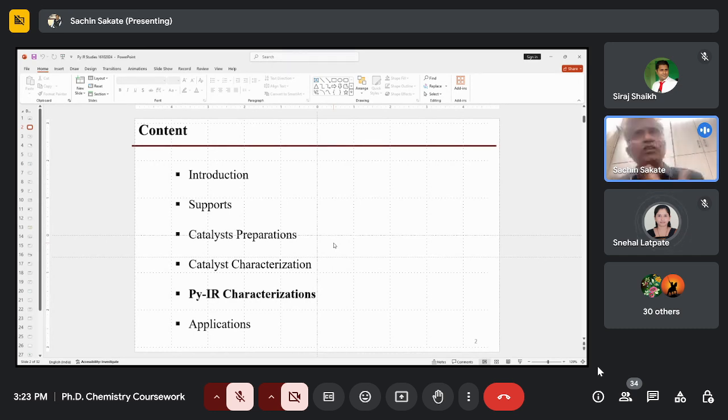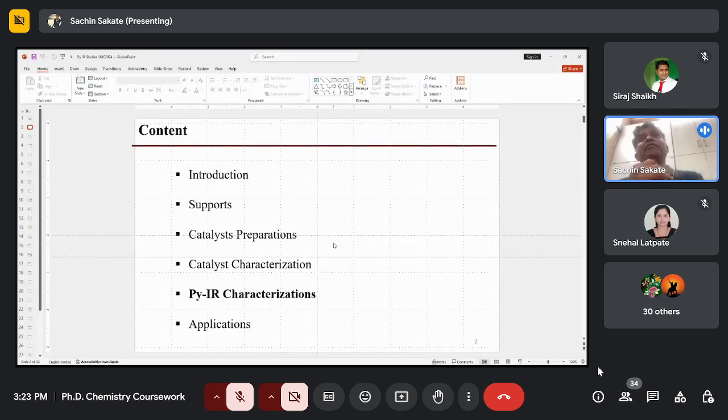The content of my lecture today will be: introduction, the various supports which we came across during the PhD work. Then we will discuss the catalyst preparations, then a little bit about the catalyst characterizations. Then I will focus very clearly on the pyridine characterization, which is very important. I'm just going to give a very small idea, four points, but I will mainly focus on the pyridine IR characterization.